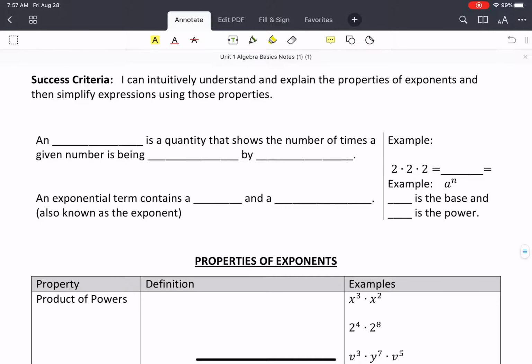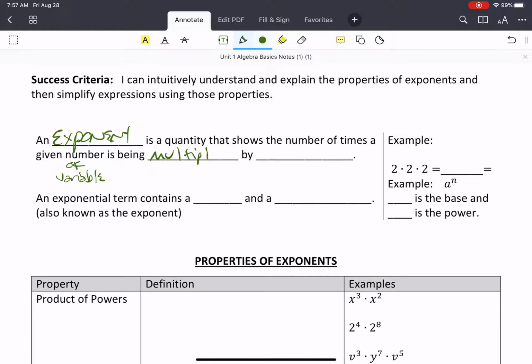Awesome. Okay. All right, so today we're going to review some things about exponents, okay? Properties of exponents. All right, an exponent is a quantity that shows the number of times a given number, or variable, is being multiplied by itself.